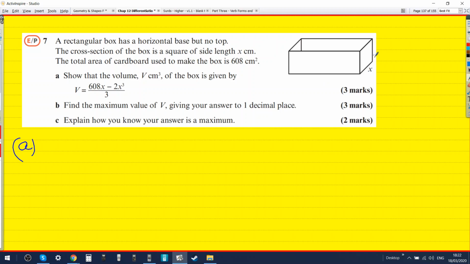So what would be the height? I don't know. X. So that's going to be x. I'm going to call this L for length. So how do we do this? Volume equals x squared times L.